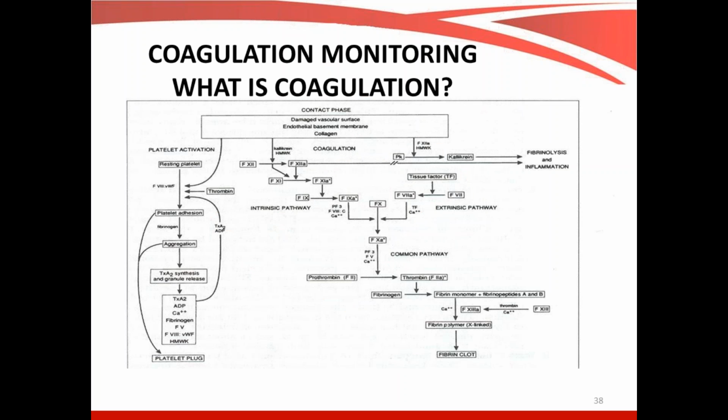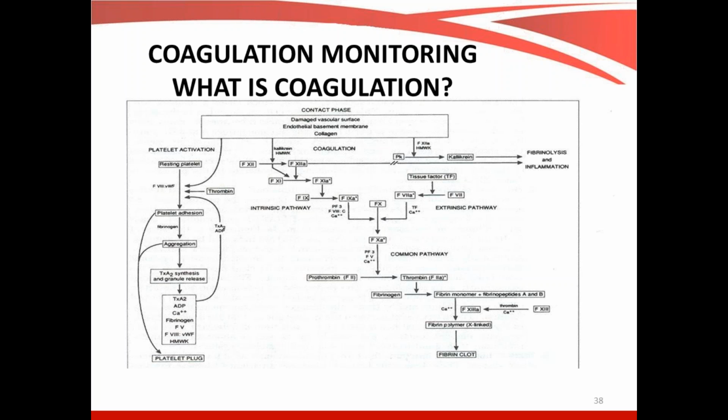Your extrinsic, your intrinsic, the platelet aggregation and activation, the extrinsic coming up with factor 8 and tissue factor and calcium coming in to activate factor 10, or the Hageman factor, and 10A then forms the common pathway.